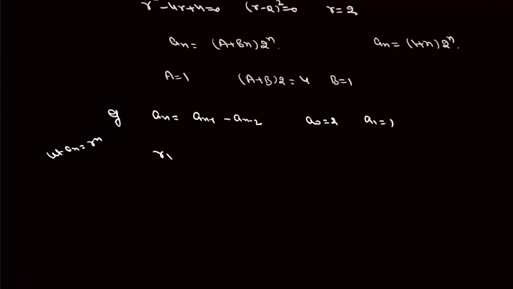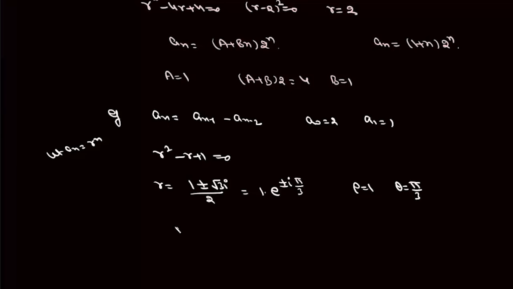So we'll directly write r square minus r plus 1 equals 0, or r is (1 plus minus root 3 iota) upon 2. So this is 1 into e to the power plus minus iota pi by 3. So here rho is 1 and theta is pi by 3.